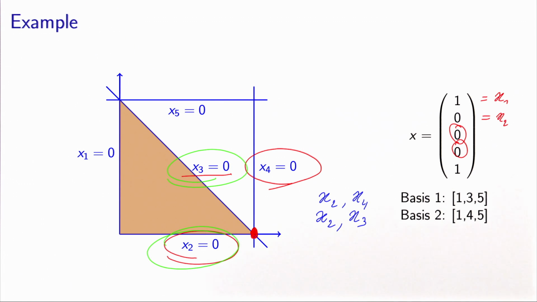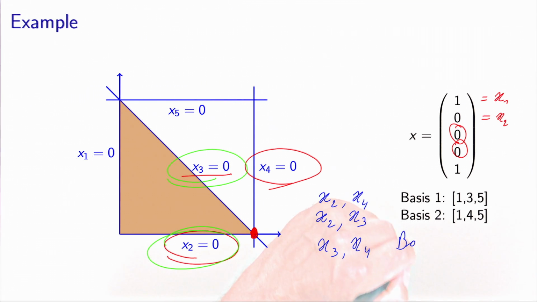And it is again sufficient to choose two constraints to activate in order to identify the vertex. For the second basis, the fact that x4 is equal to 0 is just a coincidence. It's not because we have decided to do so. We could have reached the same results by choosing x3 and x4 to be out of the basis.